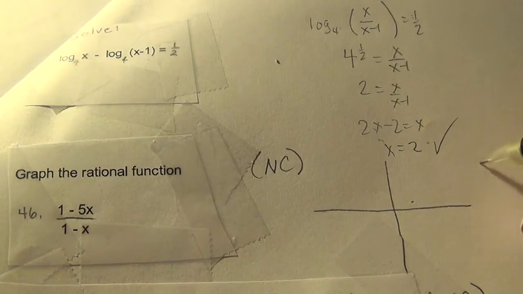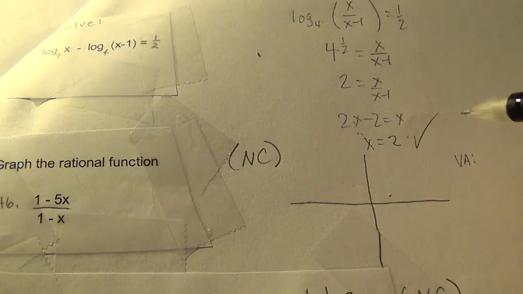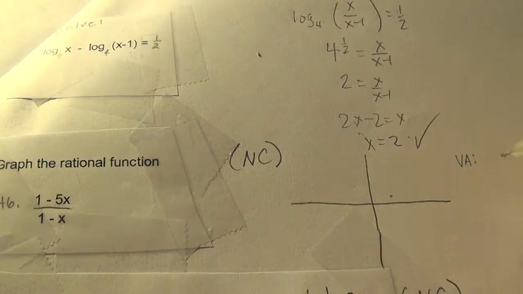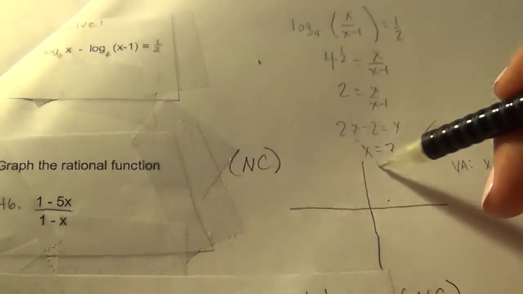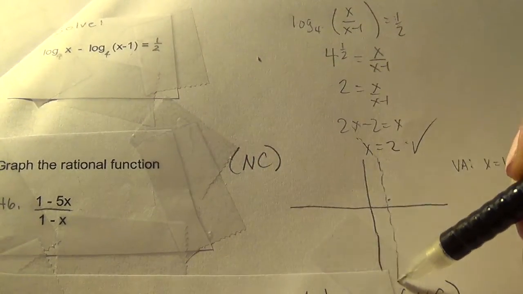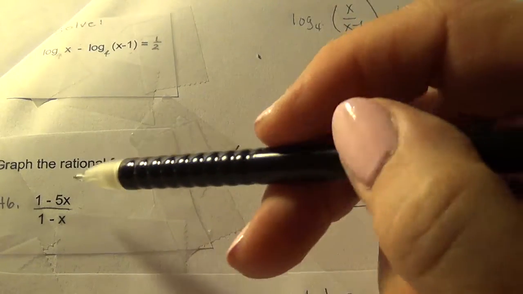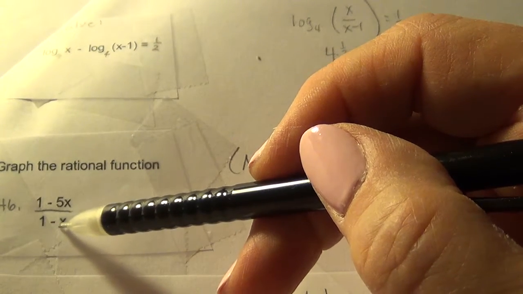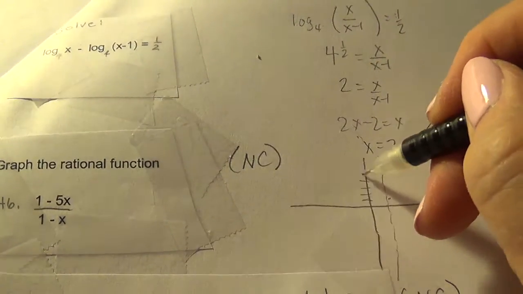When that's true, the vertical asymptote is figured out the same, so that would be x equals 1 would cause the bottom to zero out. The horizontal, however, is going to be the lead coefficient on the top divided by the lead coefficient on the bottom. -5 divided by -1 is y equals 5.